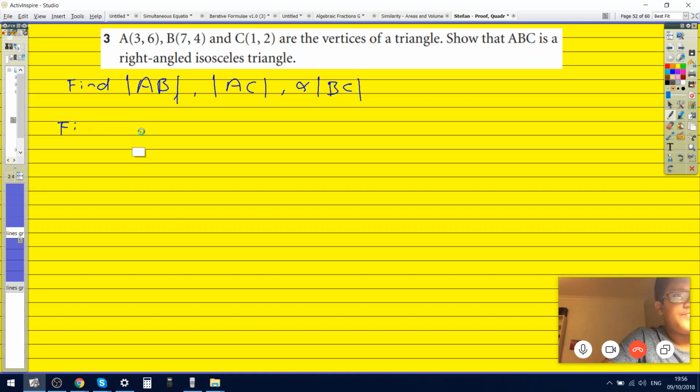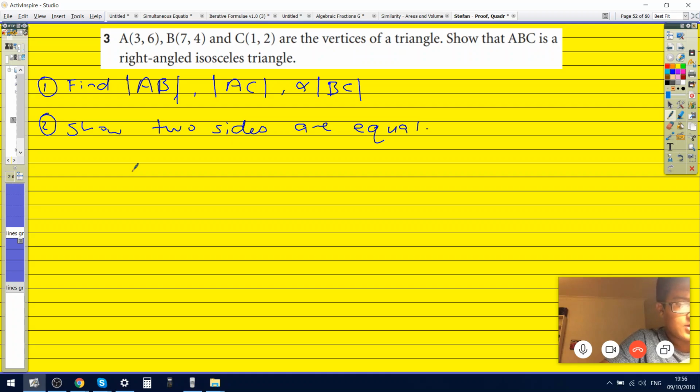So two sides will be the same length. Show two sides are equal. So that would show that it's isosceles. How would we then show that it's right angled? One of the gradients will be the negative reciprocal of another.